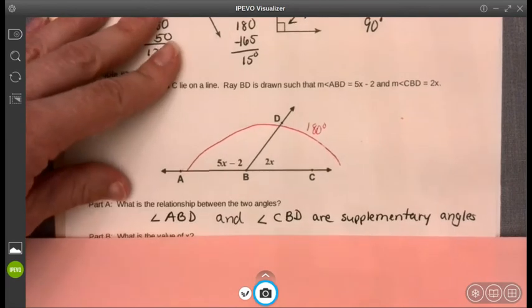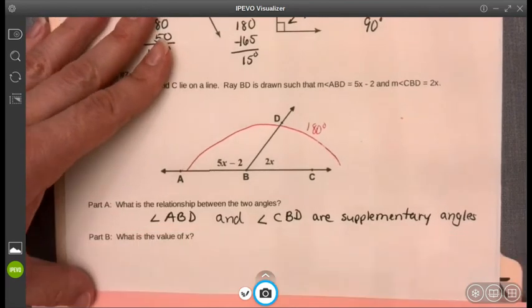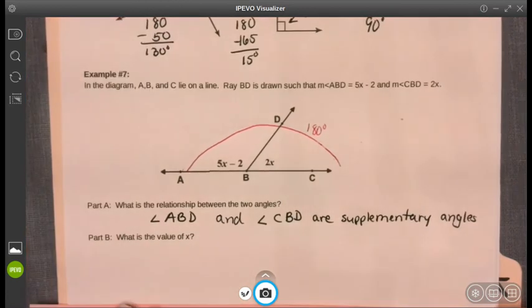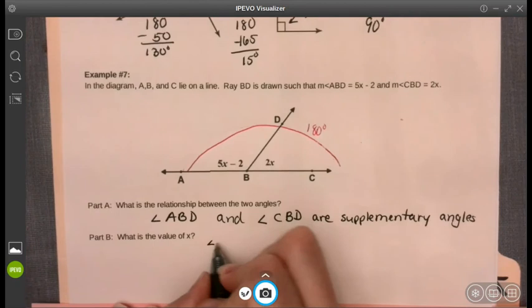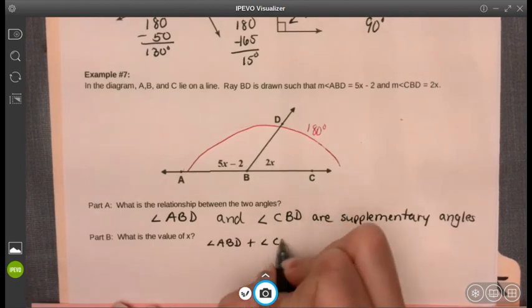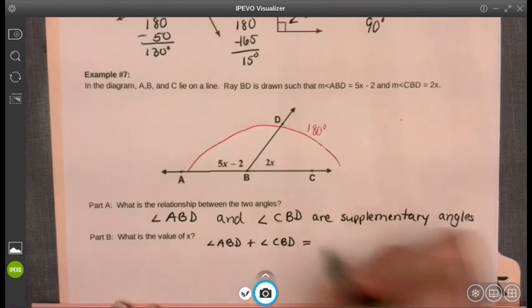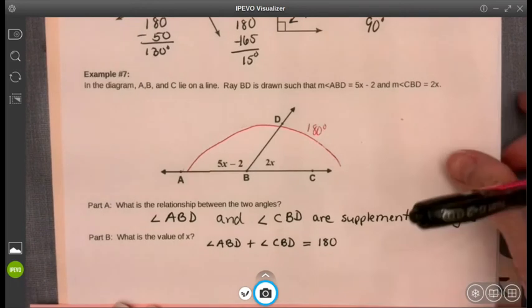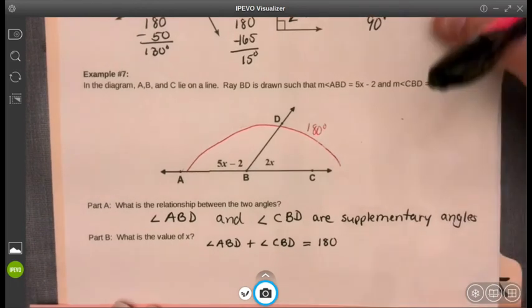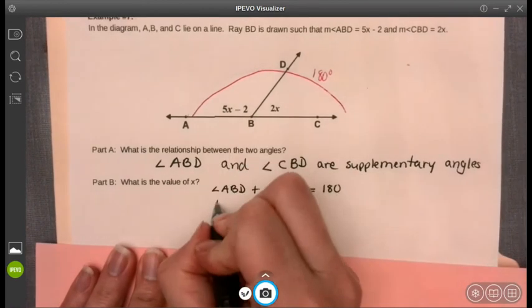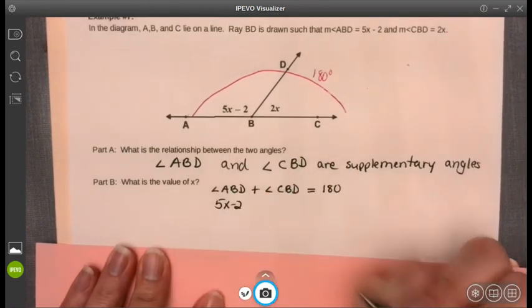Then they want us to find the value of x. So in order to find the value of x, I need to remember that angle ABD plus angle CBD are supplementary. So that means when they're added together, they equal 180. So they told us that ABD is 5x minus 2, so I will substitute that in.